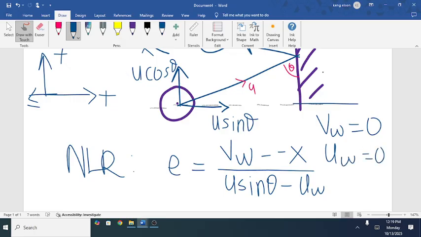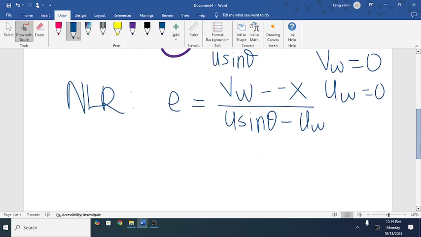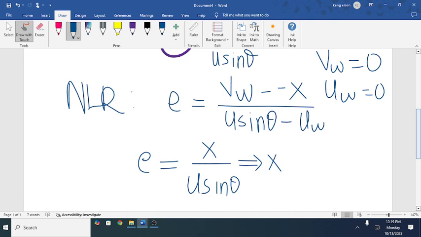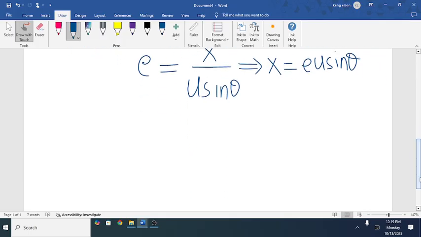This is going to help us get our x. So you are going to get e is equal to x over u sin theta. So x is e u sin theta. Now if you want to find the velocity of the sphere after impact, it is given by the velocity along x, which is minus x in the i direction.